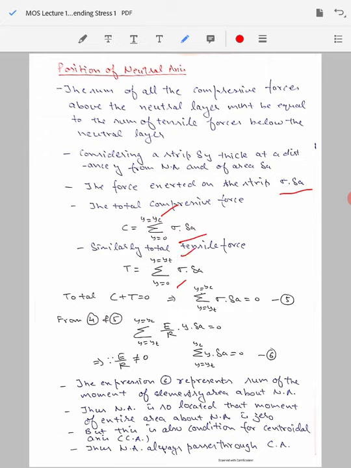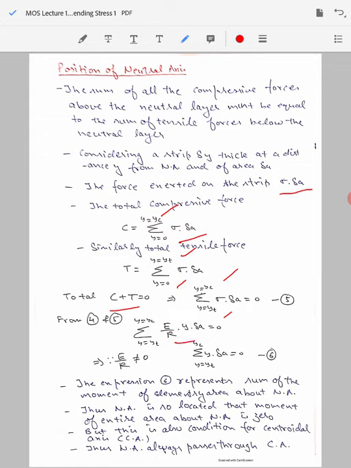Now as I have just told you that this beam section is in equilibrium, the sum of these compressive plus tensile forces should be equal to 0. So I can make the summation of both together, from y equal to yt, the bottommost fiber, to y equal to yc, the topmost fiber, and the summation of sigma dot delta A should be 0. Now as we have just discovered, sigma is given by E by r into y from expression 4.